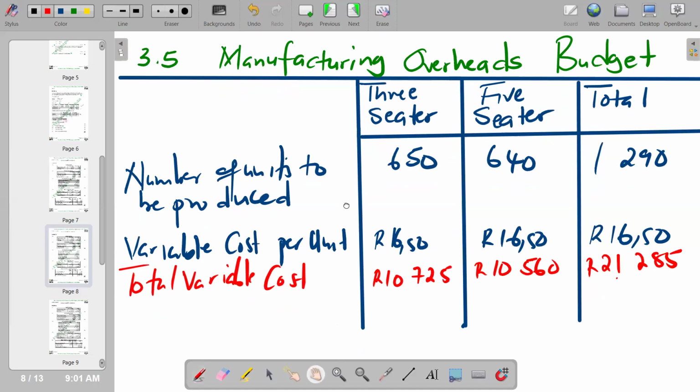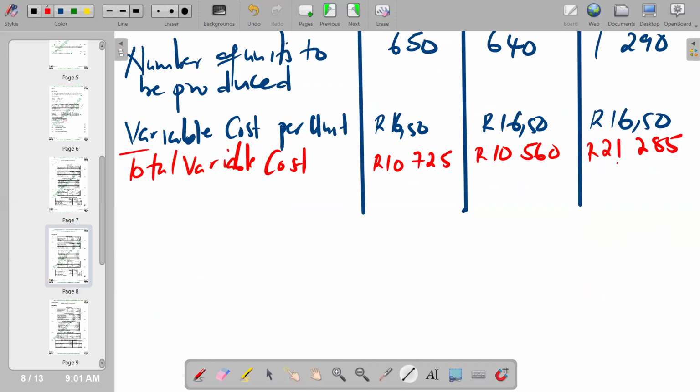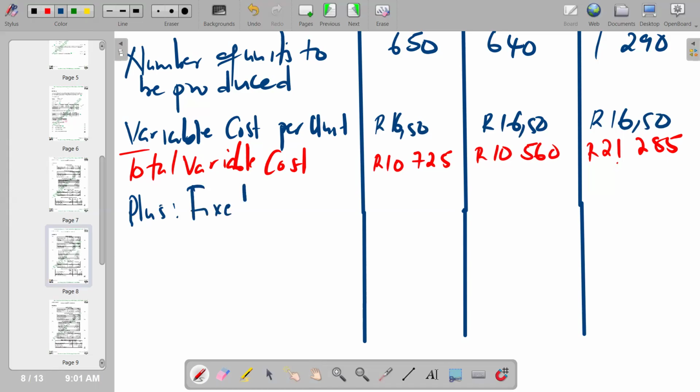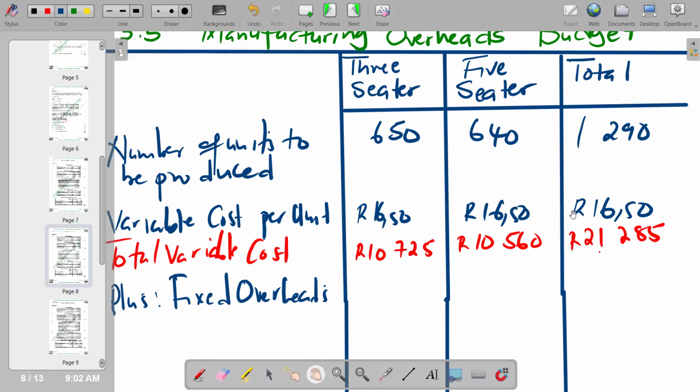And then from there, of course, we need to extend our lines because we have a few items that we also need to enter. After that, what you're supposed to do is to add fixed overheads. So we're going to check the fixed overheads for 3-seater and 5-seater, then we add to get the total.